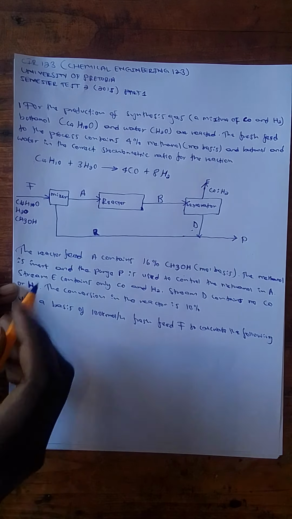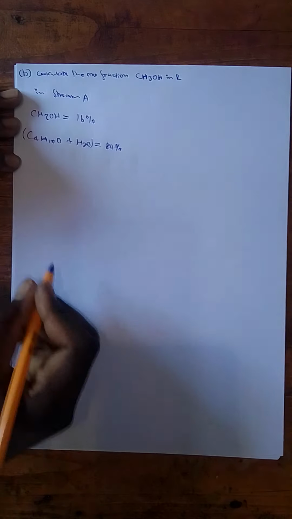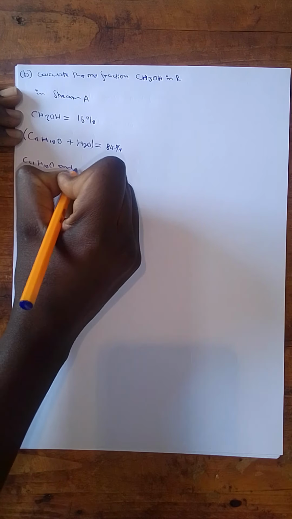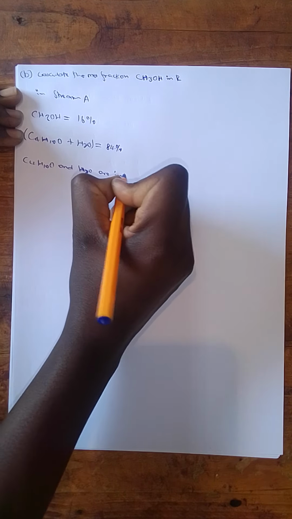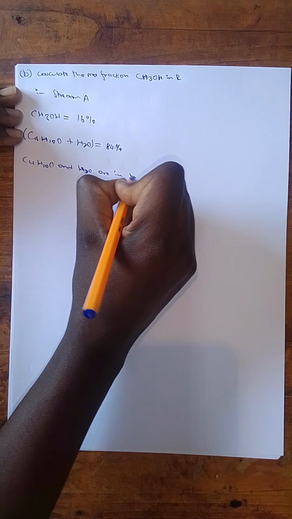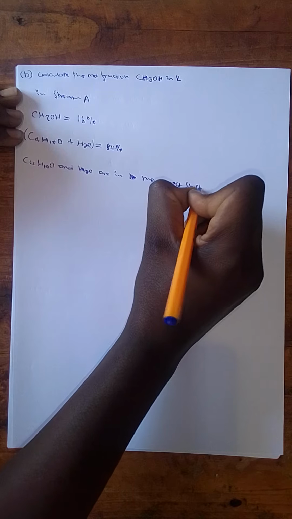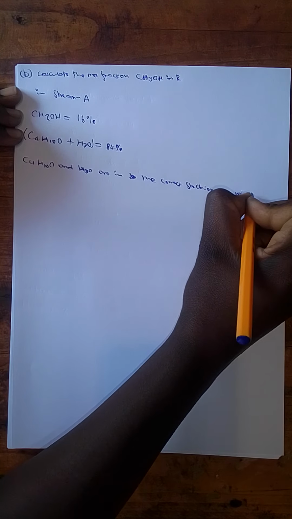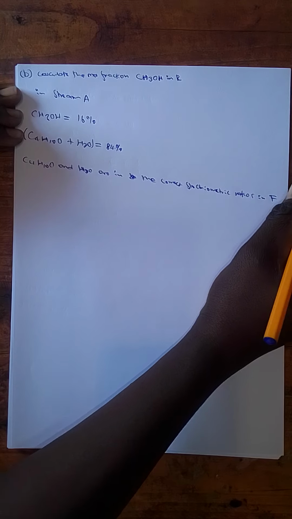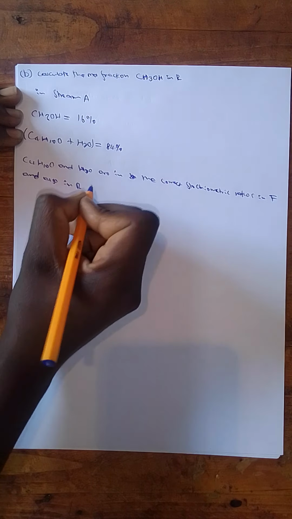So now coming back, let me just write here that butanol, which is C4H10O, and H2O are in the correct stoichiometric ratios in F and also in R, right?